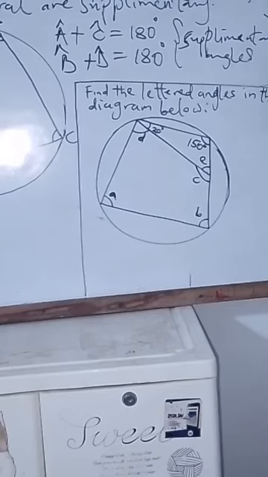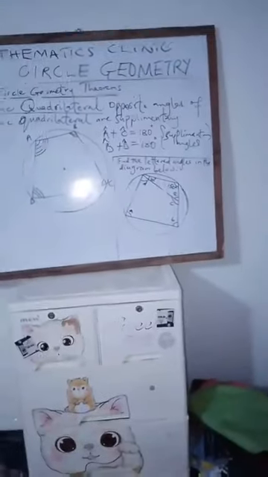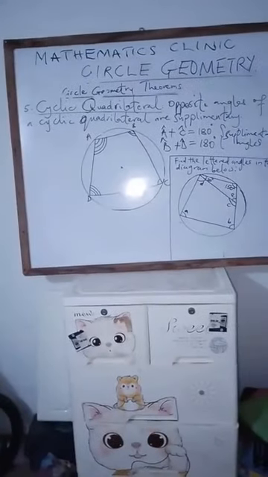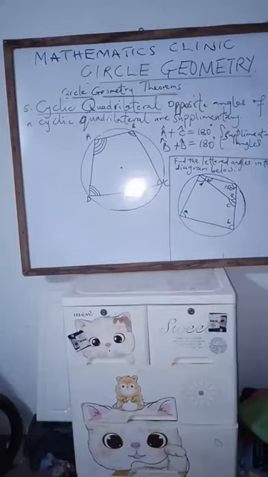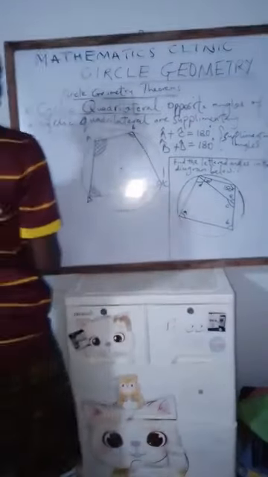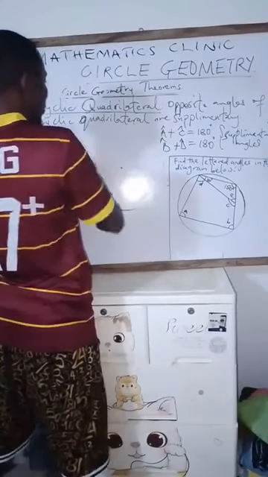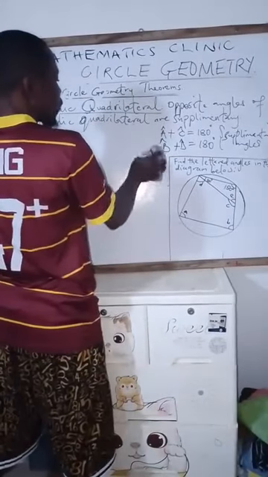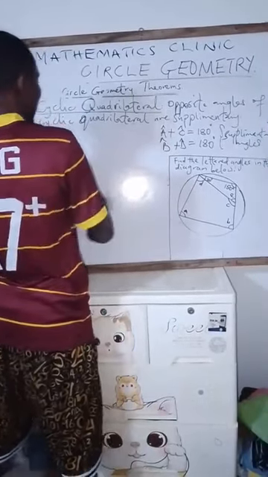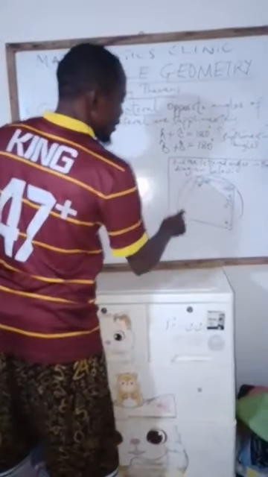The first angle to look at there is angle A. Look at angle A and angle 150 degrees. If you look well, you will see that they are opposite angles of a cyclic quadrilateral. Yes, a four-sided shape inside a circle.